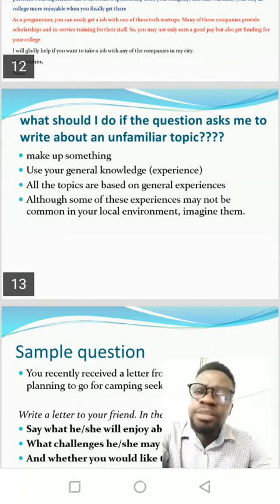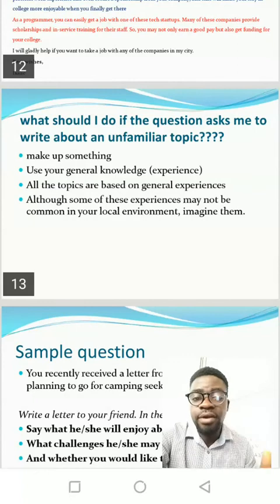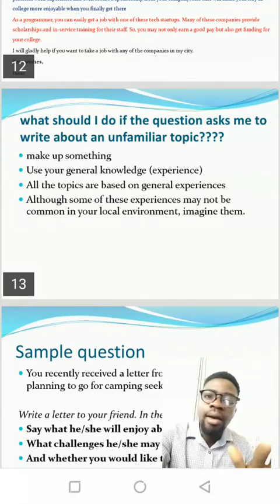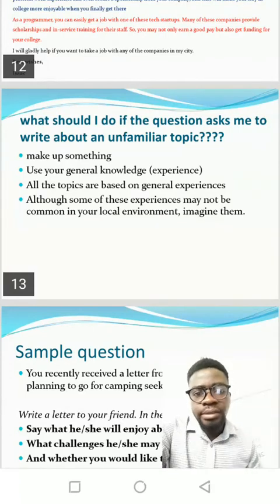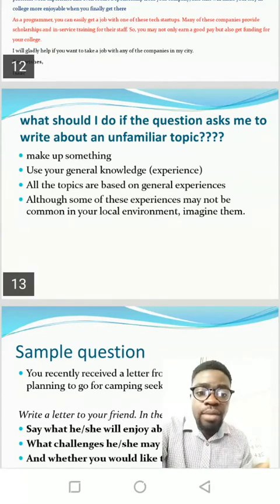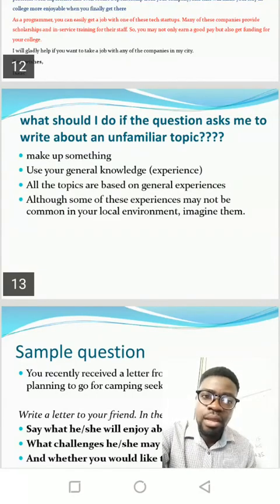Okay, this might not be a very perfect sample, but at least it does capture the point given in the question. So the examiner is going to look at how well this letter addressed the point given in the question. Okay. So about grammatical range and accuracy, and for lexical resource, we're going to get to those in our subsequent classes.